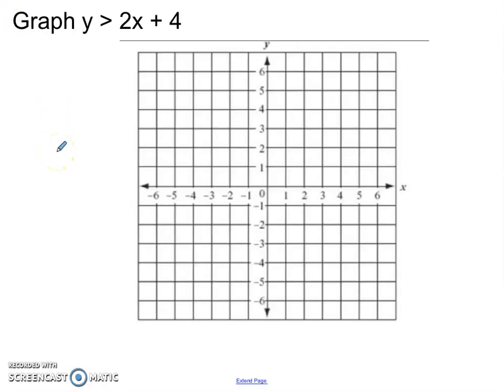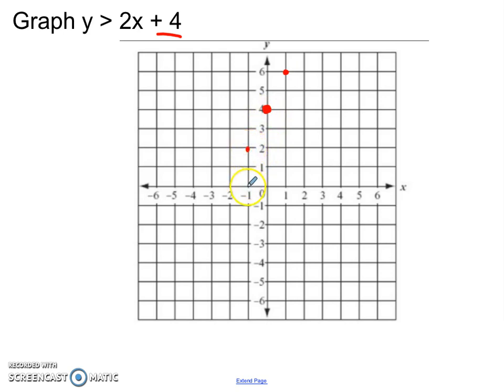So let's look at this one. Graphing y is greater than 2x plus 4. This is in y equals mx plus b format. My b value is 4, so I'm going to go up to my y-intercept of 4 and make a dot there. Then my slope is 2, so I'm going to go up 2 over 1, or I can go down 2 left 1.